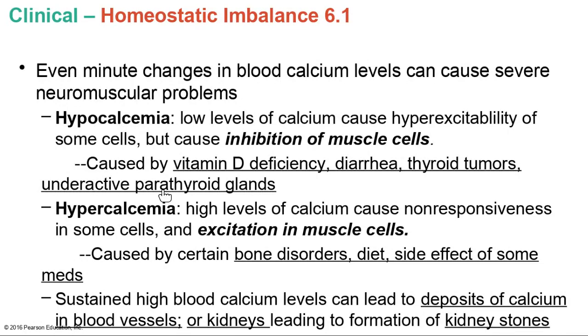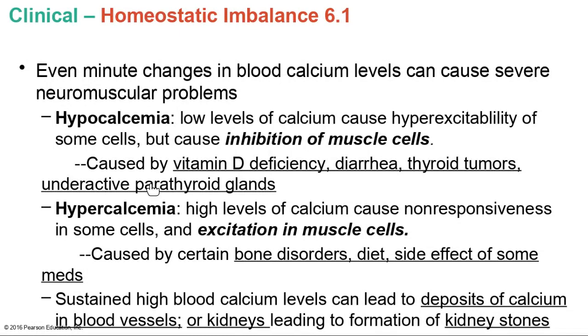Also, what can cause hypocalcemia would be the opposite here, if we have an underactive parathyroid gland. Parathyroid gland secretes parathyroid hormone. Parathyroid hormone has the effect of increasing blood calcium levels normally.